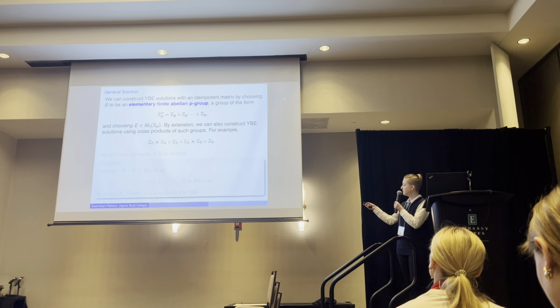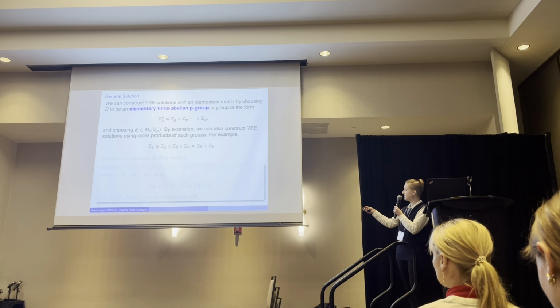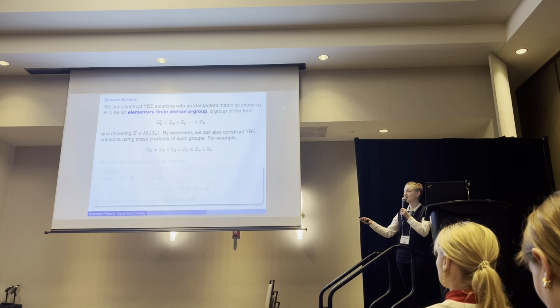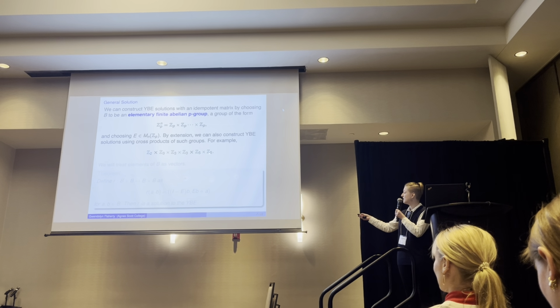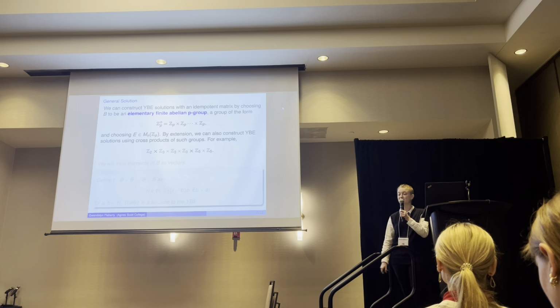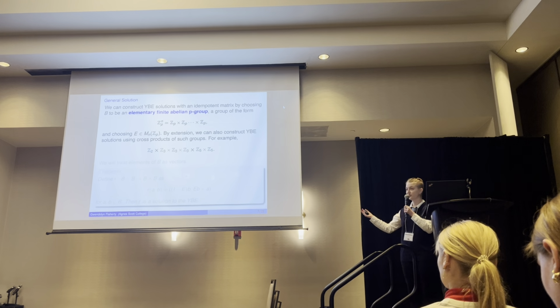By extension, we can also use a B that is a cross product of these elementary finite abelian p-groups. So if you want to have a lot of fun, you can take three of these, which I've color coded here, or pack as many as you want, and their cross product will also serve as a B.